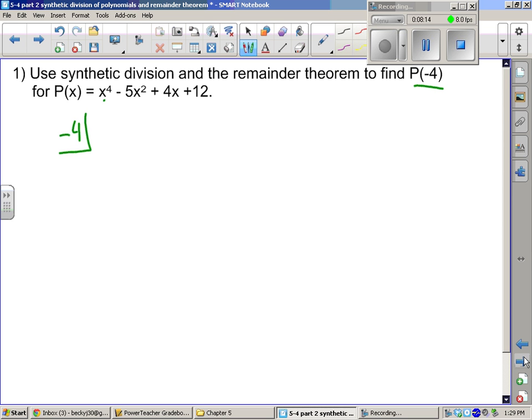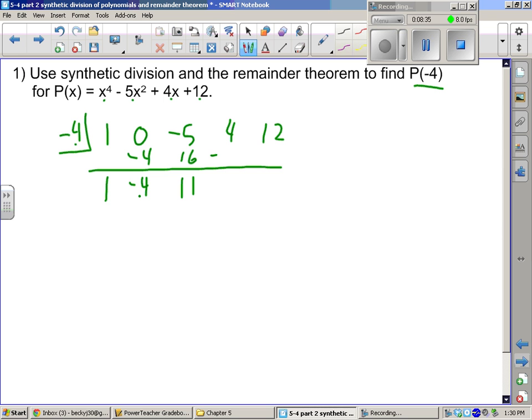Looking here, I'm missing the x to the third power, so I make sure I put in a placeholder. So I have 1, x to the third is 0, then I have negative 5, 4, and 12. So bring down the 1, multiply, add, then I multiply again, I get 16, which would be 11, multiply again, negative 44, add, I get negative 40, multiply again, that's 2 negatives, I get 160.